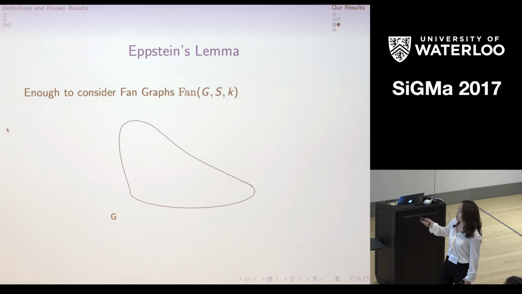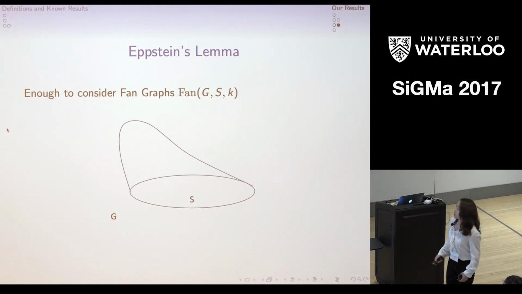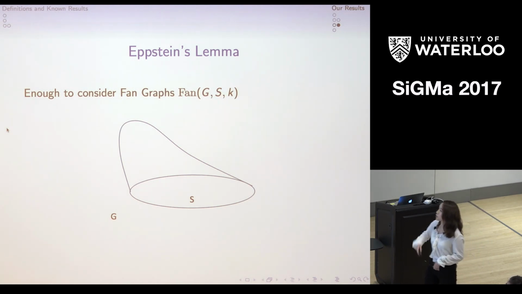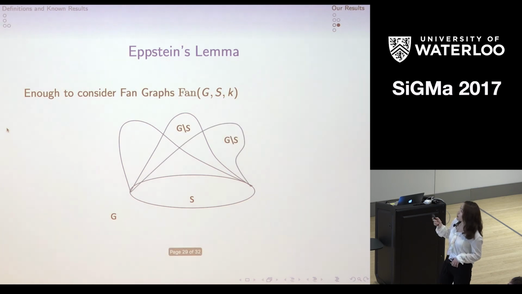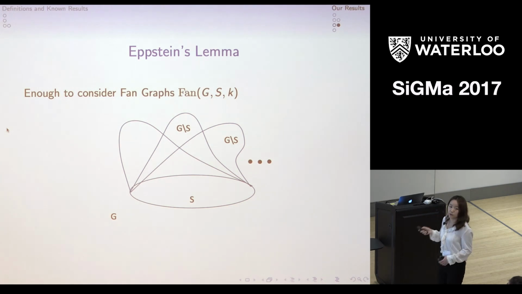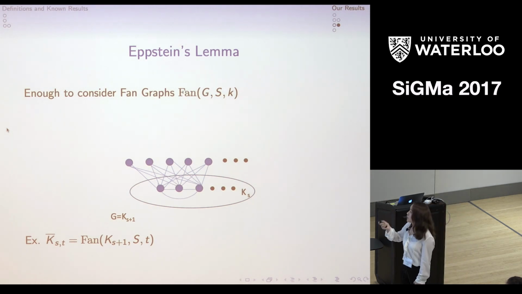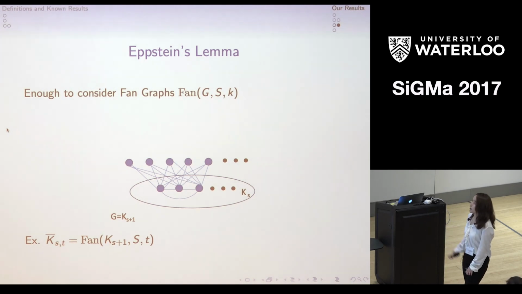A fan graph is G with S, where you identify a proper subset of vertices S. S is a clique, all the vertices of S are connected to some vertex in G minus S, and G minus S is connected. Then you make copies of G minus S. So it will be a fan, but you can obtain as many copies as you want, so it is enough to consider those graphs. One other example would be the extremal construction we gave, which is the fan where G is a clique on s plus 1 vertices. And thank you.